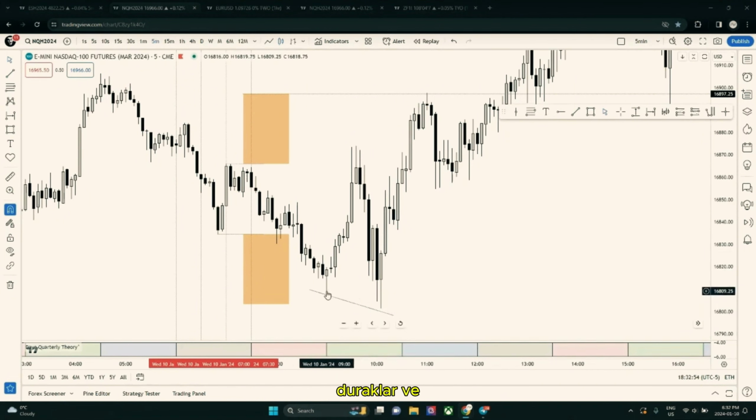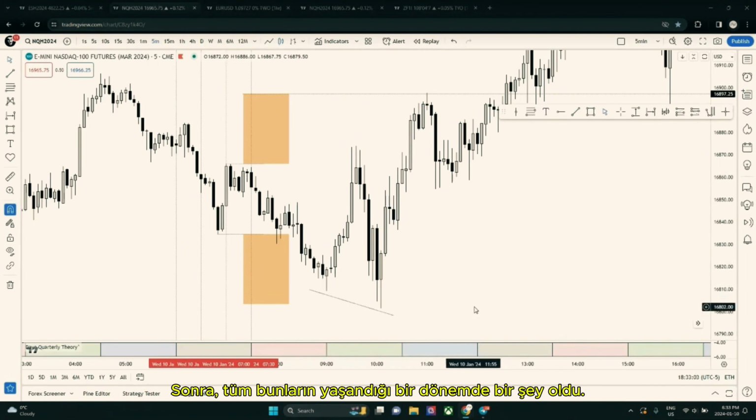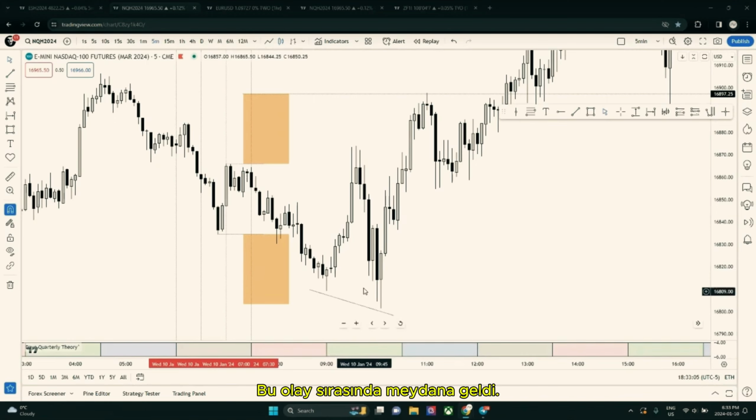And again, below this low, we took out the buyers that got in right here. Then there was SMT. All of this occurred during Q3, if you can see. Right, so all of this is fractal.